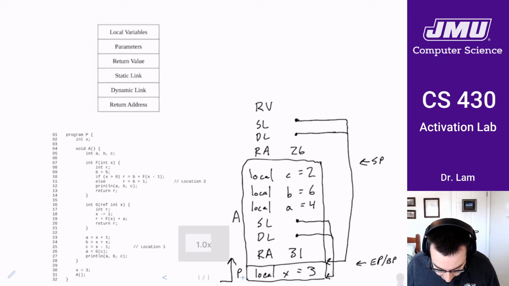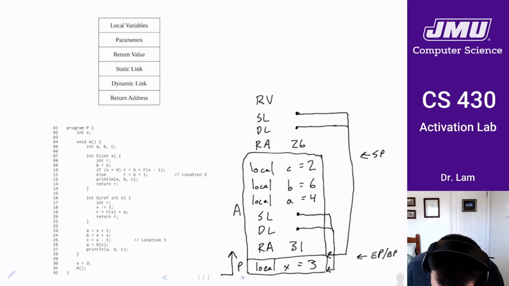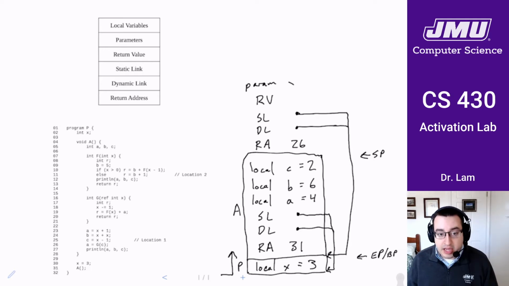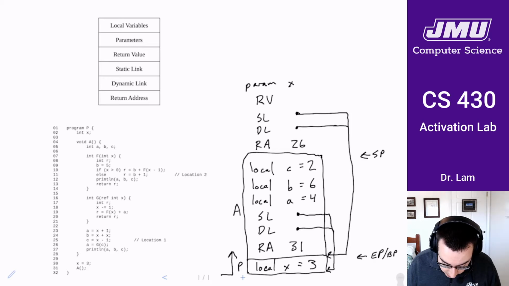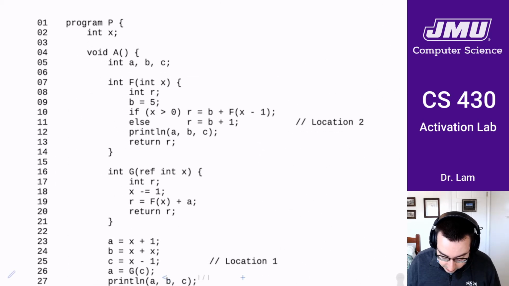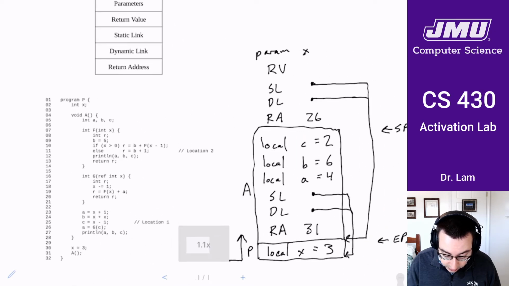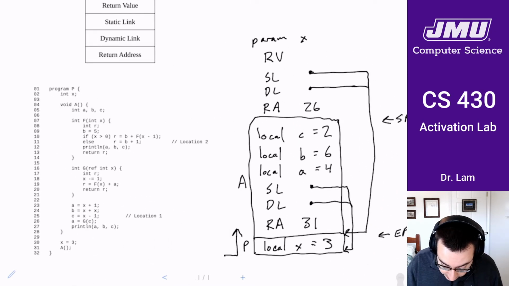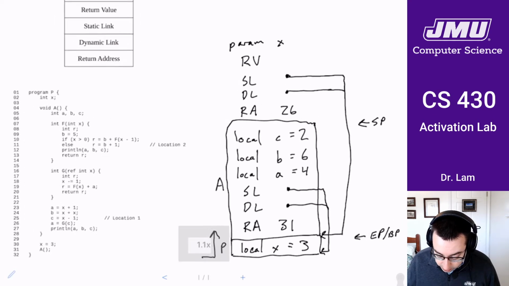Okay, and then any parameters. So we do have a parameter called x. And the important thing to note here is that x is a reference parameter. So this is essentially just a pointer or a reference to something. I am going to draw this in a different color so that we can make it a little more visual.